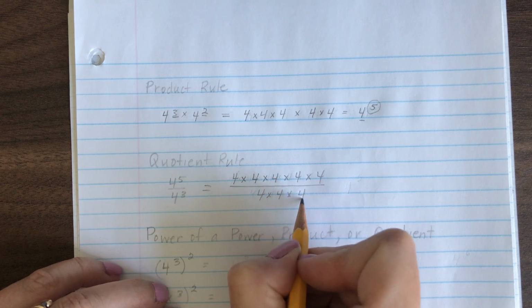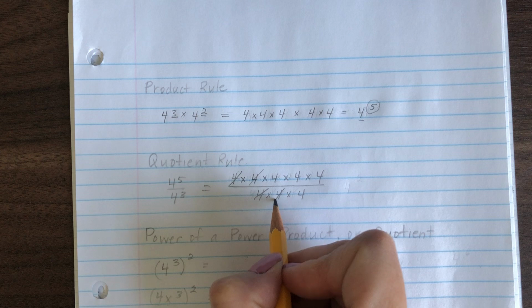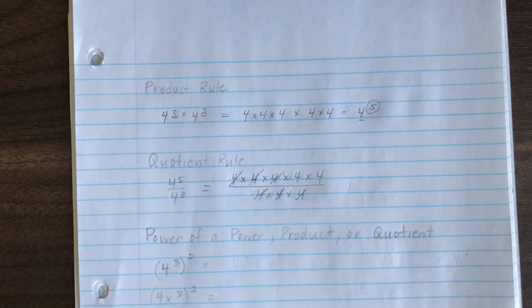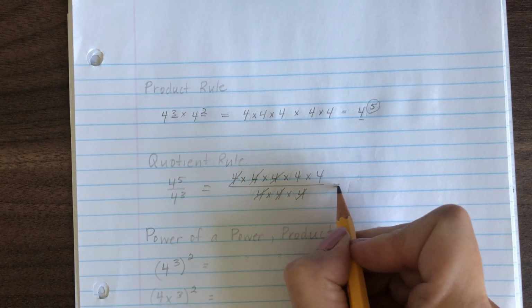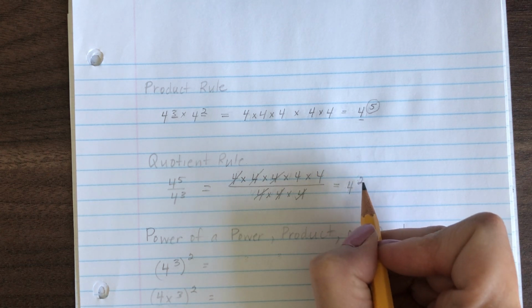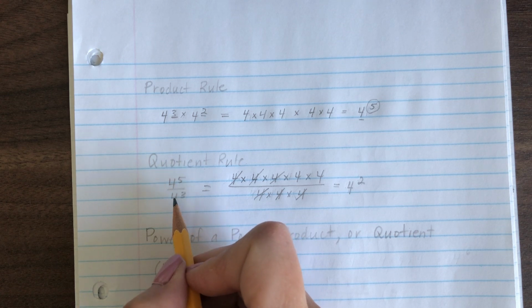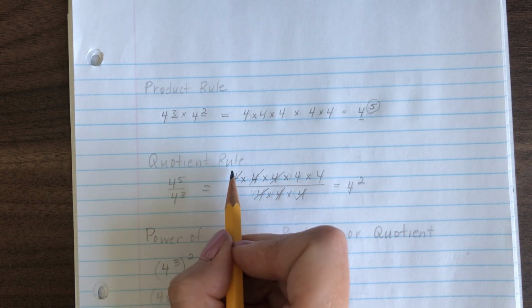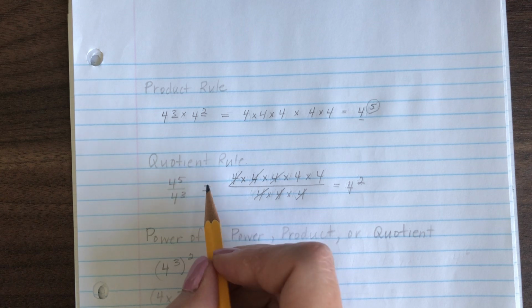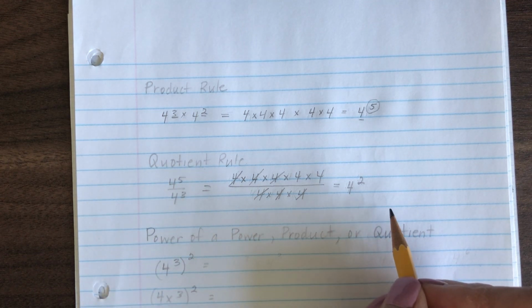And we can divide out one 4 from the numerator with one 4 from the denominator, because 4 divided by 4 is essentially 1. And that leaves us with 4 times 4, or 4 squared. This exponent of 2 can be obtained simply by subtracting the exponents 5 and 3. Okay, so the quotient rule states that if you're dividing powers with the same base, you keep the base the same and you subtract the exponents.